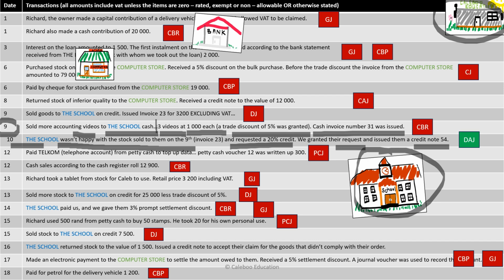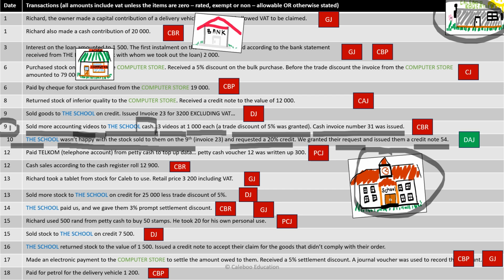I'm going to change this here, this is important, on the 9th, for the purpose of this lesson, I'm going to say the items were sold to the school on credit, on account, not cash.